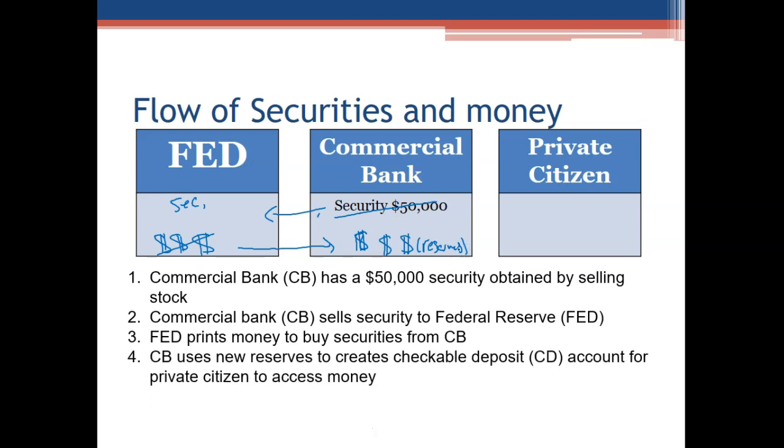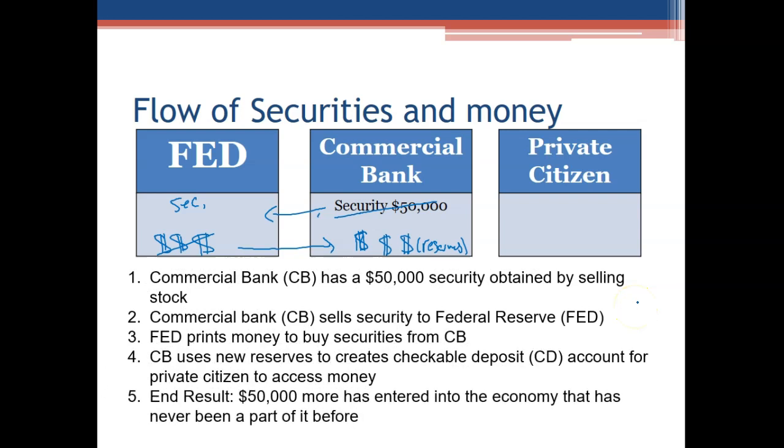Now, the commercial bank can then use these reserves to create the check or deposit, but again, there's no liability against this. So the end result is the entire $50,000 can be loaned into existence. Because there's no liability, they can loan 100% of that amount on.